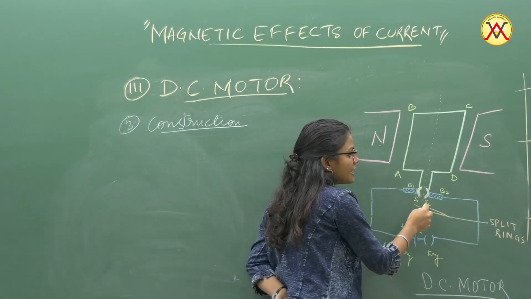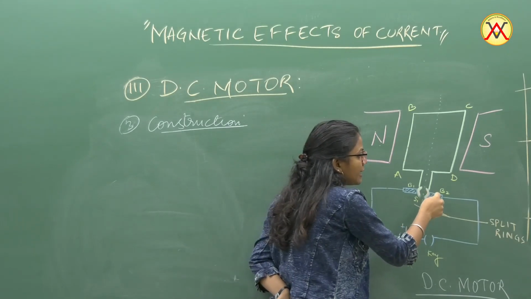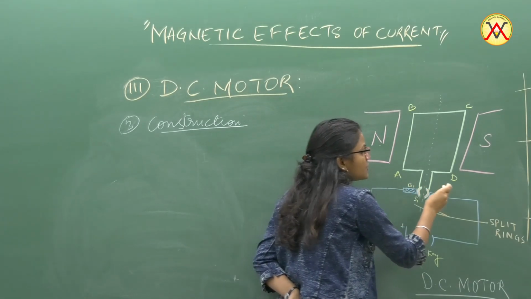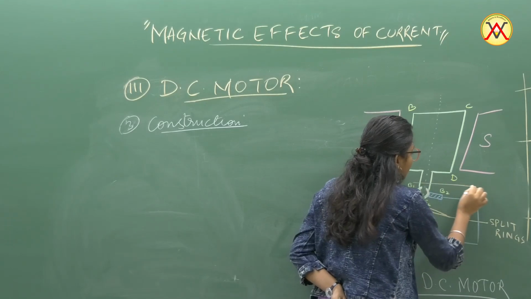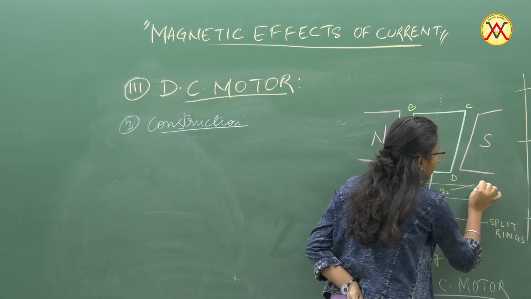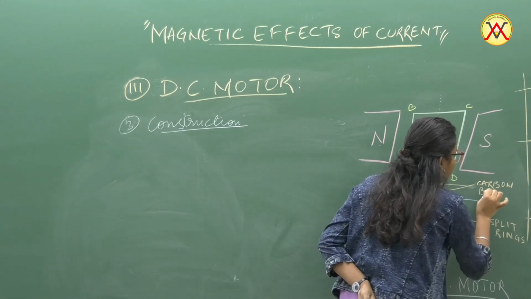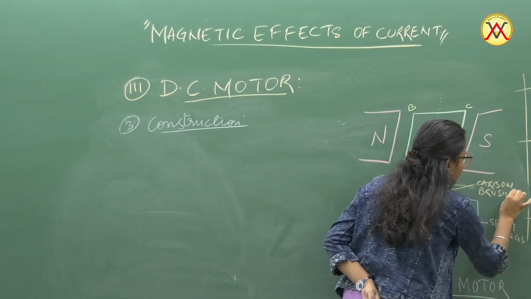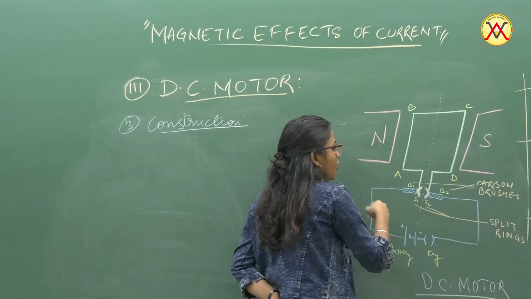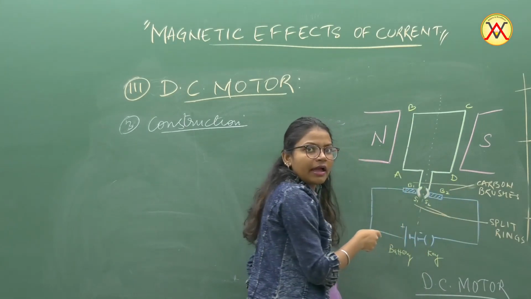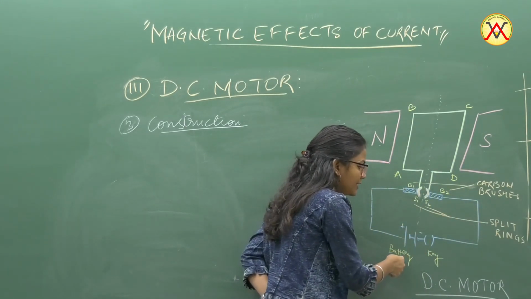The split rings S1 and S2 are connected further to carbon brushes B1 and B2. These two are our carbon brushes, which further are connected via any conducting wire to a battery and a key.